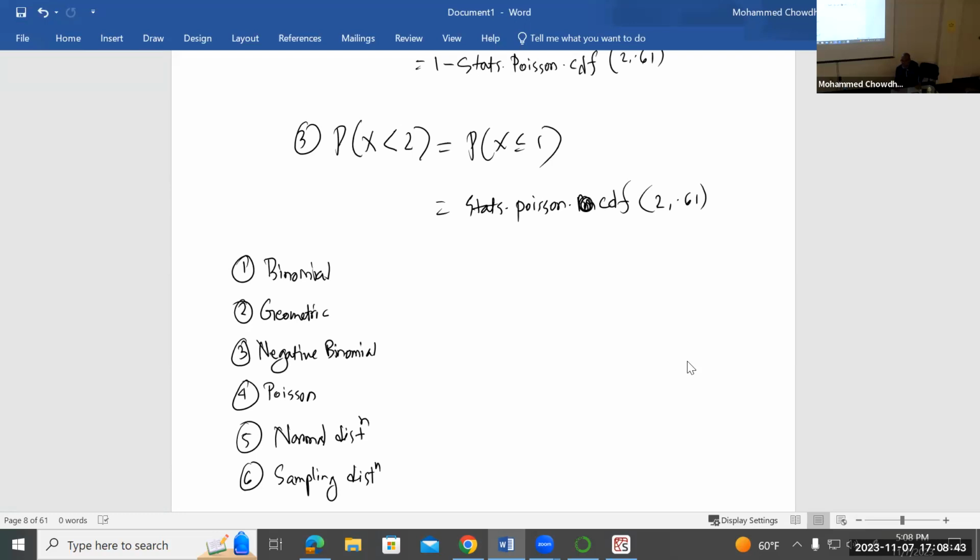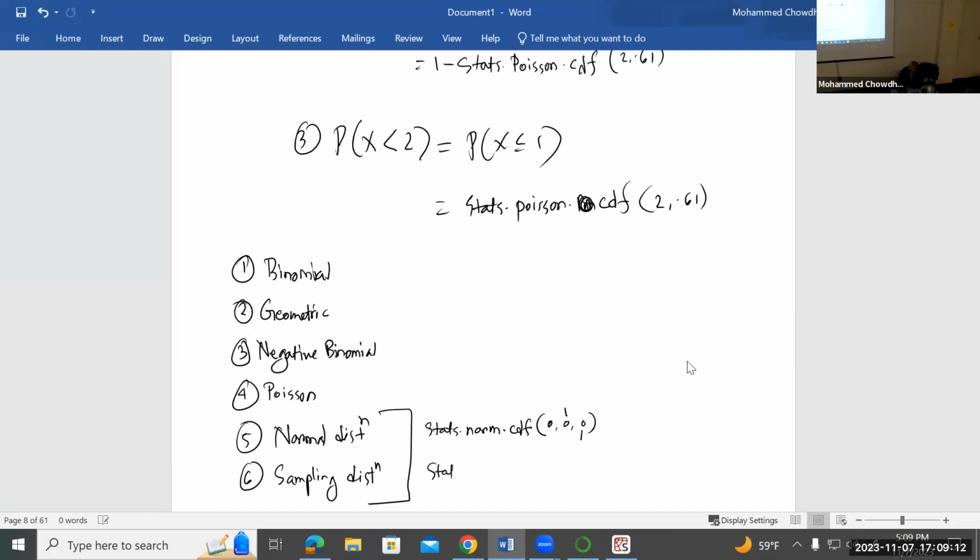Ready, everyone ready? So for the normal distributions, sampling distributions, there could be standard normal distribution as well. What formula are you going to use? You are going to use stats.norm.cdf, and then 1, 2, 3: this is the mean, this is the standard deviation.